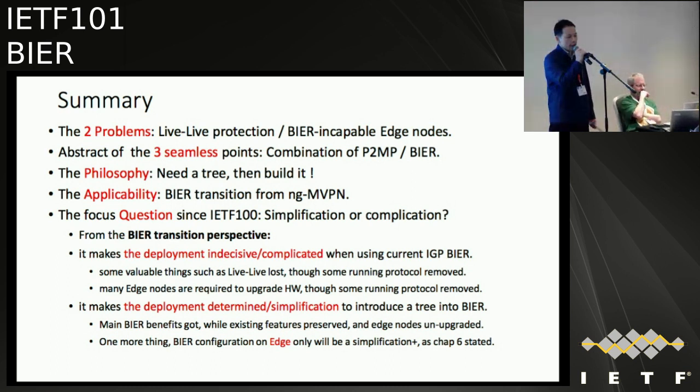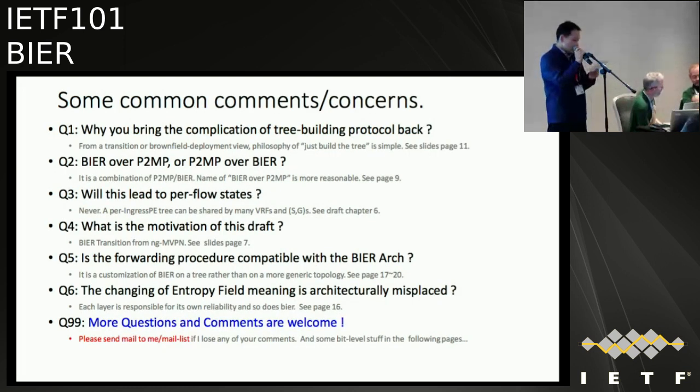And there may be a focus question since IETF 100. That is simplification or complication to bring the tree into BIER. And for this question, I have the following answer. In my opinion, from the view of BIER transition, it is a simplification to introduce tree into BIER.